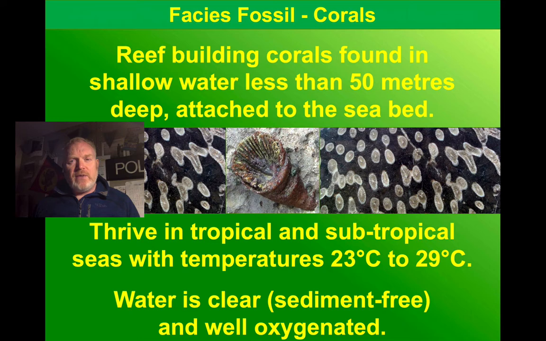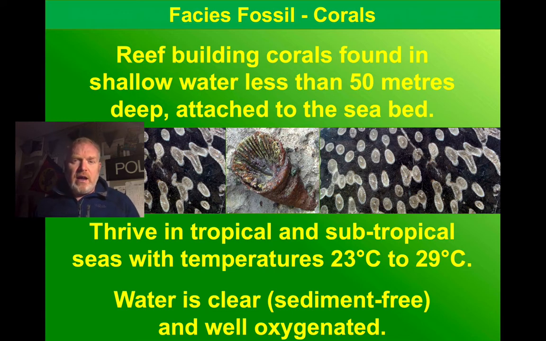They're only found living in shallow water. 50 meters really is an absolute maximum. Usually it's less than that. That water needs to be clear, and light needs to be able to get into the water. Corals grow with a symbiotic algae that photosynthesizes. So it's got to be where light can get into the sea.